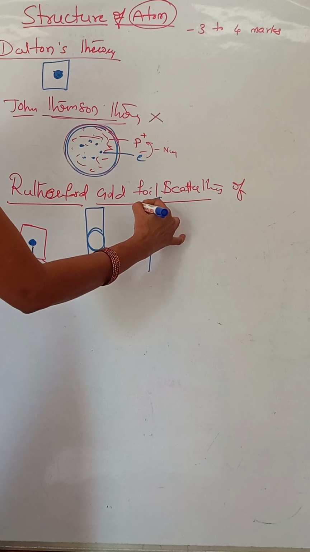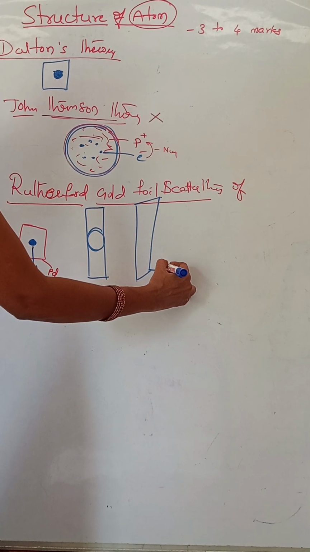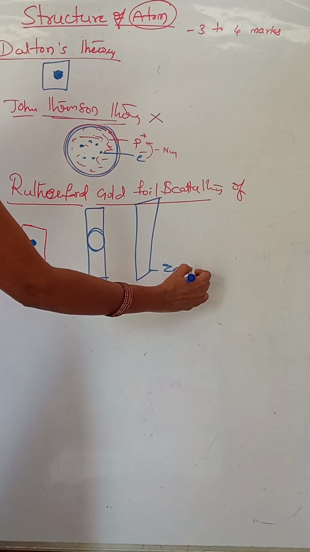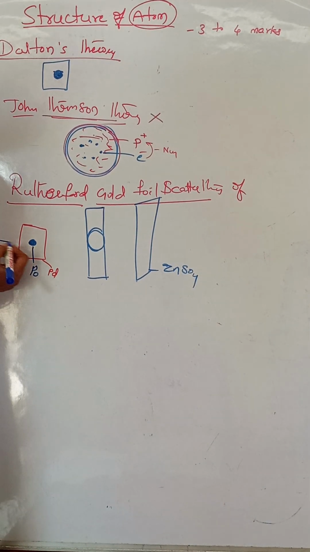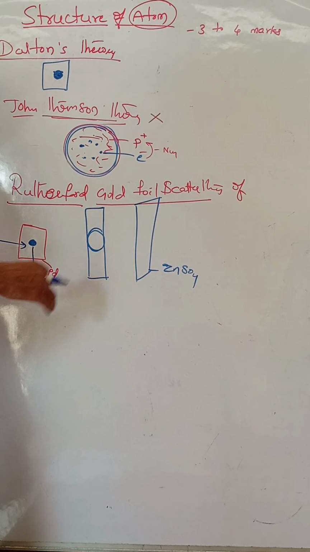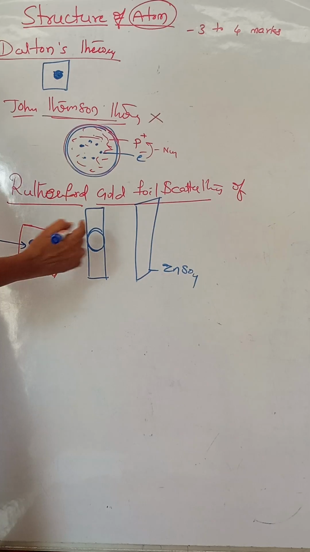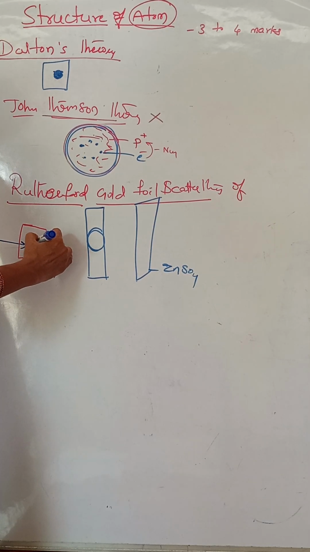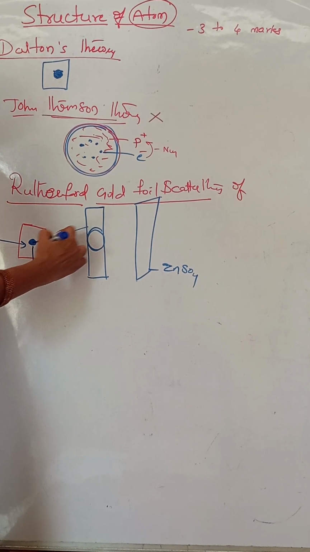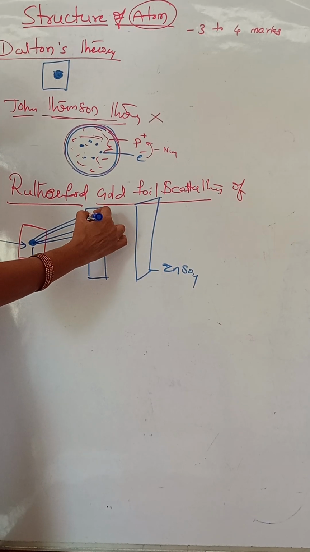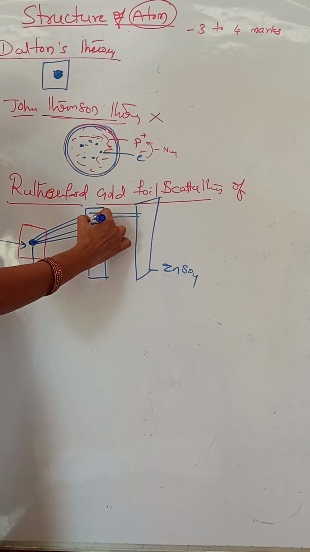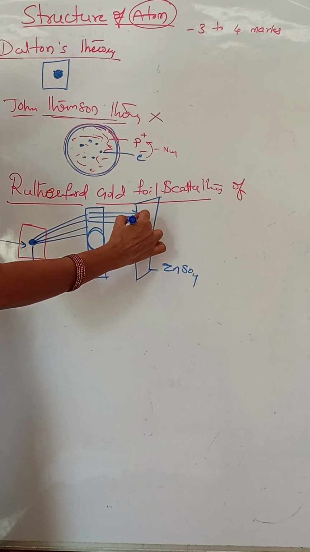The screen is zinc sulfide. The polonium gives out some rays. These rays are positively charged, that means these rays are alpha rays.